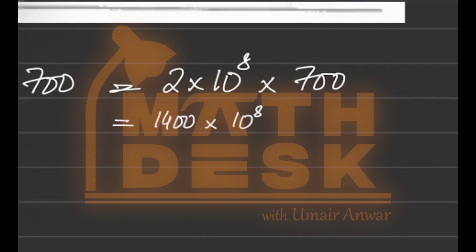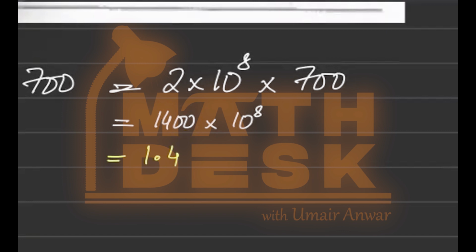Now, the decimal at the moment is over here. And we need to shift it 1, 2, and 3 digits to the left to convert this number into standard form. So for that, I am writing it as 1.4, and the zeros do not need to be written over here.